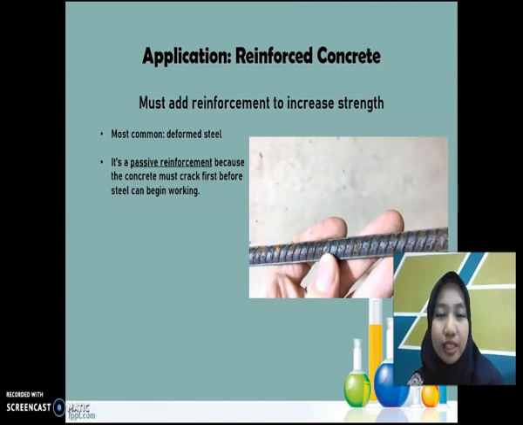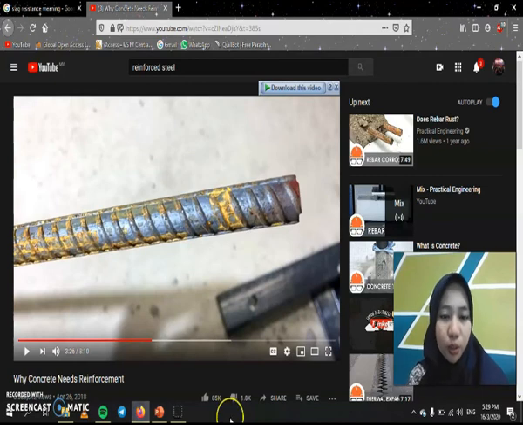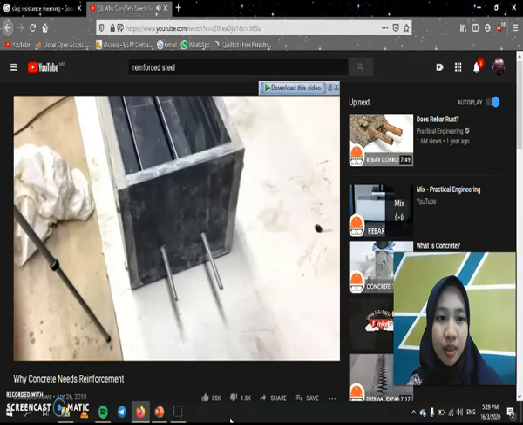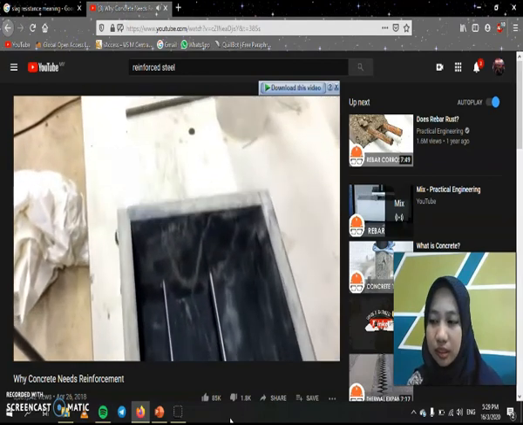How it is used is by adding the rod or wire inside the concrete before it hardens, as we can see here in this video. Known as rebar. I made a new beam with a couple of steel threaded rods cast into the lower portion of the concrete.